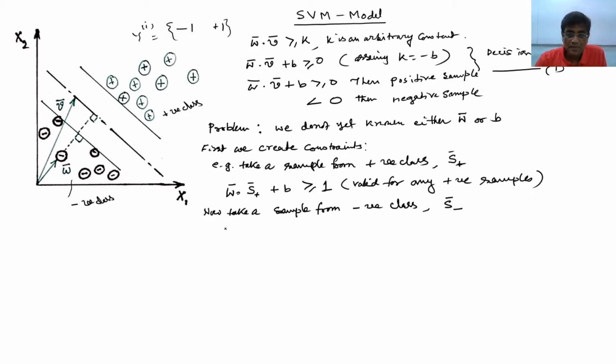Then W dot S, characterized by this vector, is less than or equal to, let us call this equation number 2, and this is equation number 3.